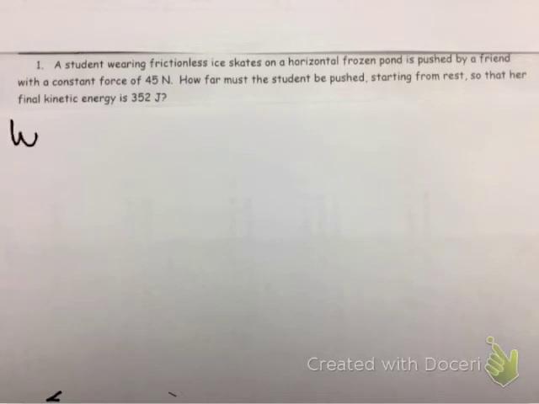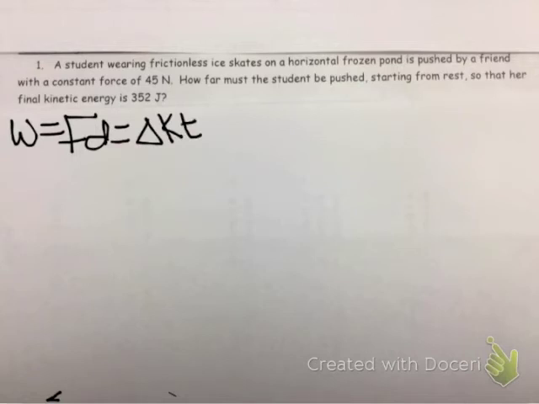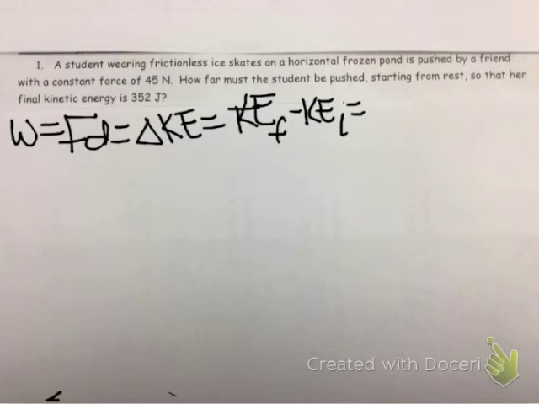Remember the work energy theorem: work is equal to force times distance, which is equal to the change in kinetic energy, which is equal to KE final minus KE initial, which is equal to 1/2 mv squared final minus 1/2 mv squared initial.